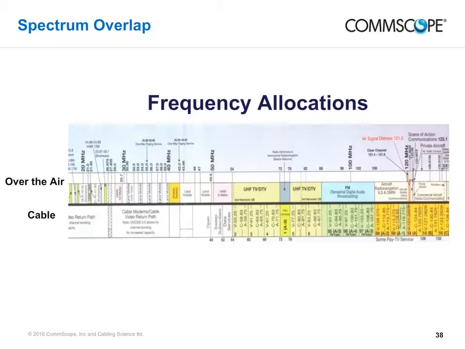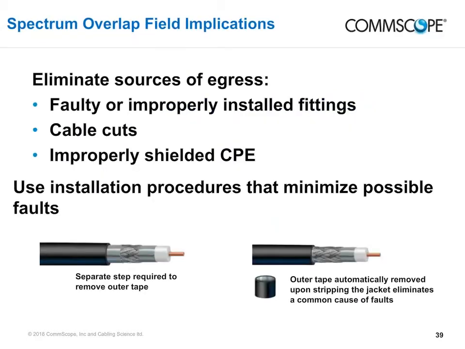At that point, the cable plant acts like a transmitting antenna, and the leaked signal will interfere with legitimate over-the-air signals. For this reason, cable operators are obligated by federal regulation to avoid leakage, which is also called signal egress. Causes of leakage include faulty or improperly installed fittings, cuts in cable, or improperly shielded subscriber equipment.